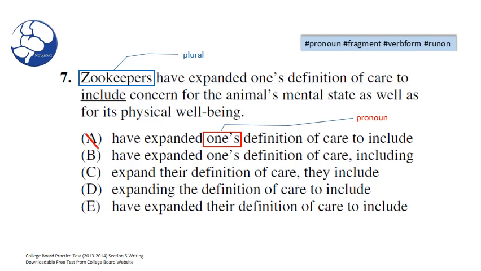And we have the exact same error in B. So both A and B have pronoun errors. Moving on. In C, we have a run-on sentence. Why? Well, as you know, we circled the comma, which is placed in between two independent clauses.